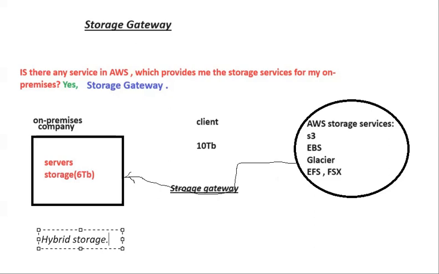I hope you understood. From the previous video, you know what the storage services are, and from this video you know how to connect the storage services provided by AWS to a company's servers. So in this way you can provide unlimited storage to your clients as well. After connecting this, can I provide 10 TB to my client?